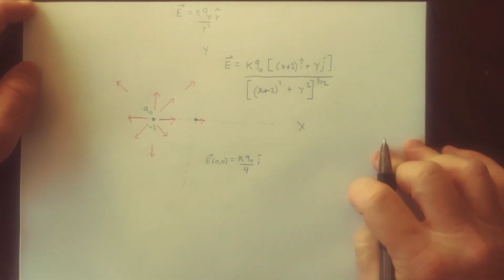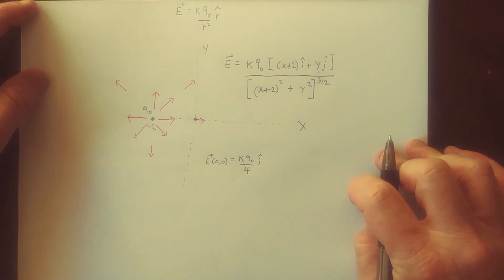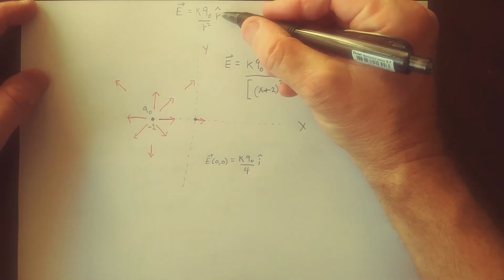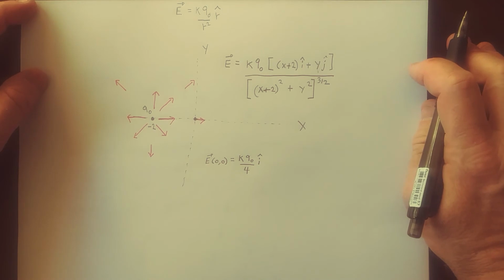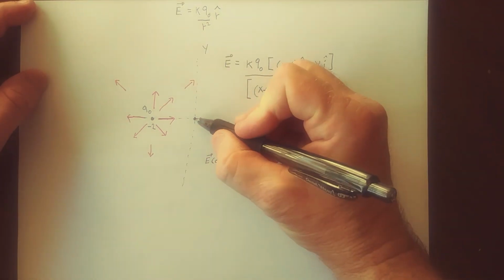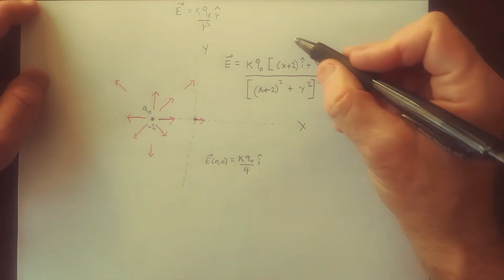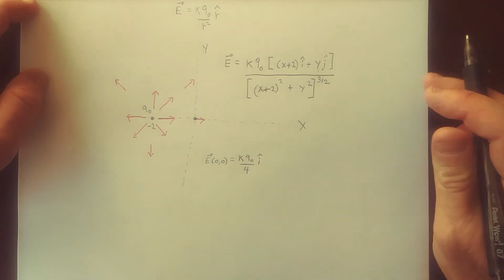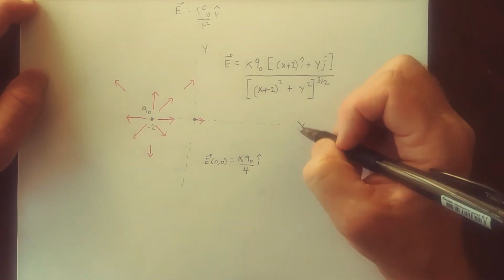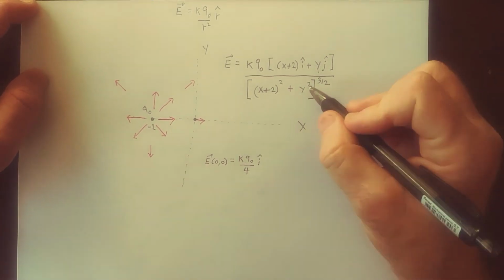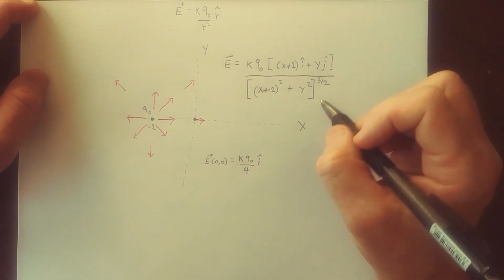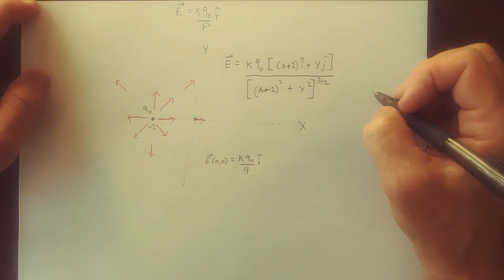Okay, so it's easy to see how to go from this to its expression in the xy plane for this location. It's a little bit trickier for other locations. We want the general expression to be able to find it at any location, but let's just check that this expression reduces to this expression for x equals 0, y equals 0.